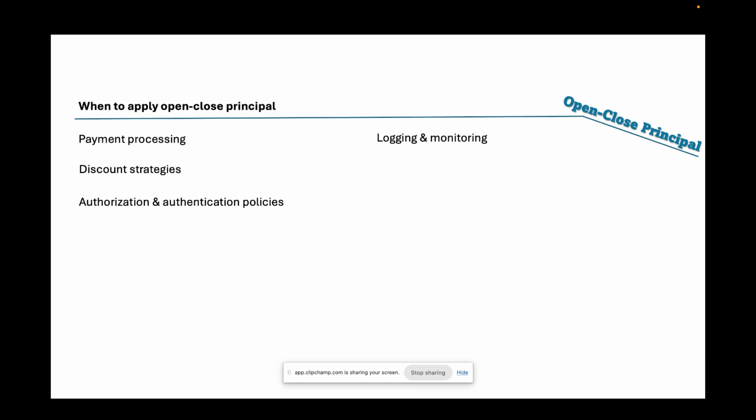If you're working with logging and monitoring, because there are different types there also, you can apply that pattern as well. If you're working with dynamic reporting, that will be a suitable pattern. If you're building a notification system, you can apply the open close principle. And for tax calculation, you can apply that principle there also. There are so many other similar scenarios where you can apply the open close principle.